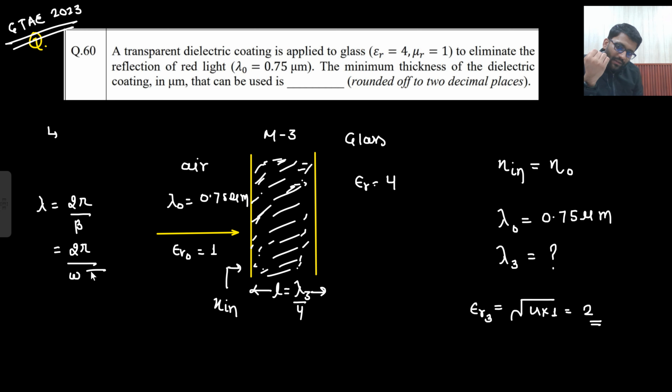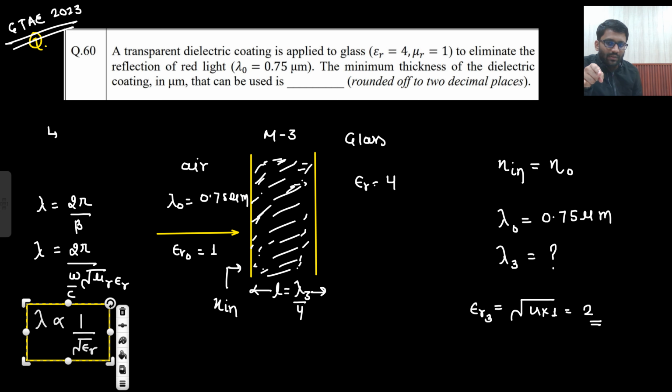Beta is omega by c root mu r epsilon r. That means your lambda is inversely proportional to root epsilon r, because omega never changes, c never changes, mu r is always 1, and 2 pi never changes.